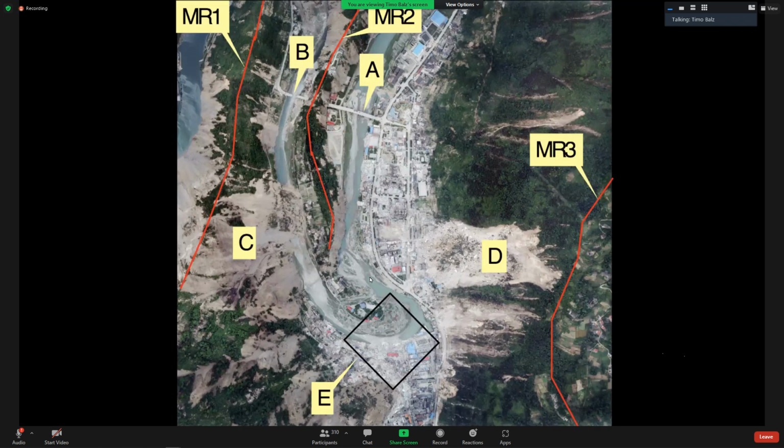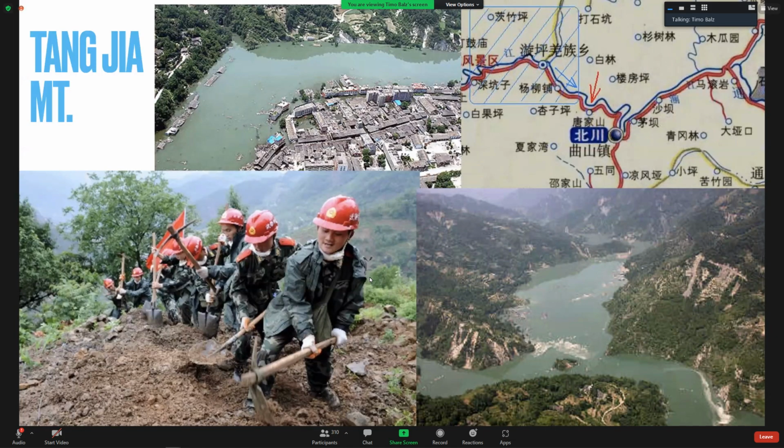Okay, now to come to another example. The same earthquake, another application, that was at Tangxia Mountain, Tangxiashan, where we have, you see, we marked that.